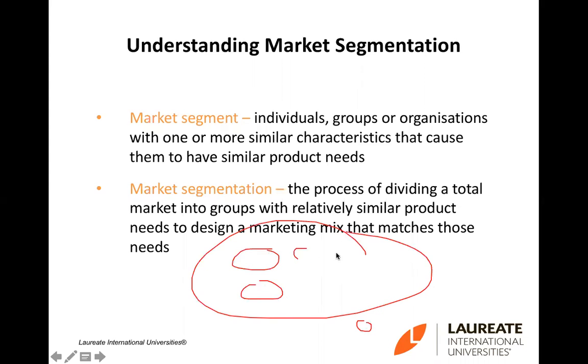Okay, 1, 2, 3, 4, 5, 6, for instance. So they are basically what we mean by market segmentation process, the process of dividing a total population into smaller market segments. And what is market segment?